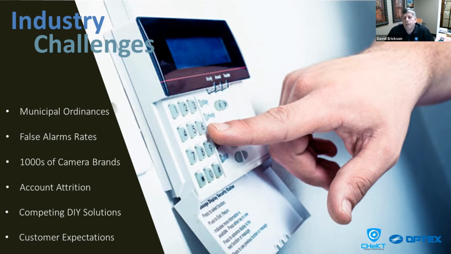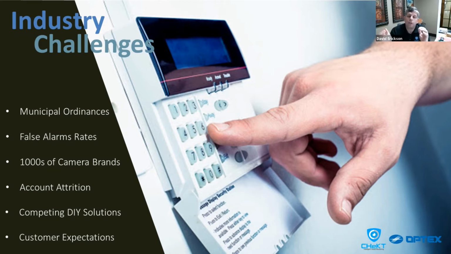So the solution really helps you in the battle that all of our integrators are facing, and that is the municipalities that are requiring video verification, the false alarm rates, and then of course the variety of camera brands that are out there. To have one appliance that really addresses those needs. So you can go into a site with existing alarm systems, an old Demco panel, a new DSC panel, a DMP panel.